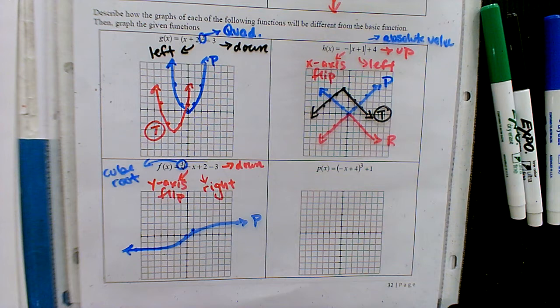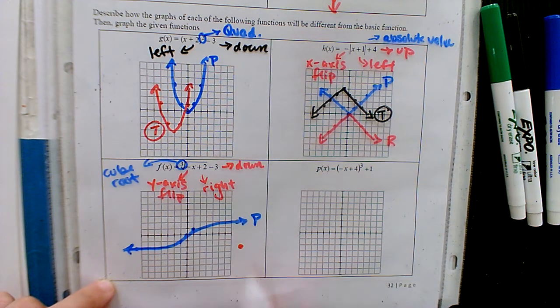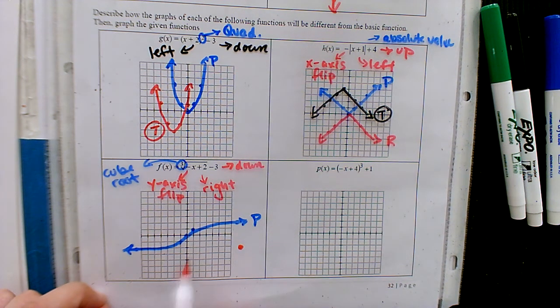RST, we identified a reflection. So this time it's over the y-axis. We got to move things left and right. So let's start with maybe this first left point over here. If we're going to take this point and fold it over the y-axis, it's going to land somewhere on the right-hand side.